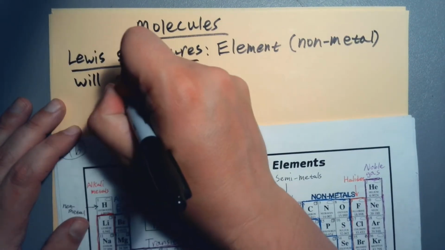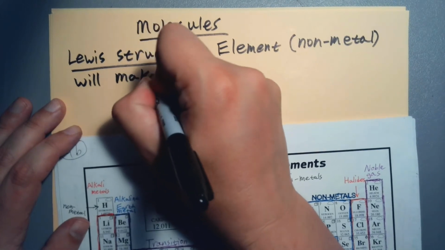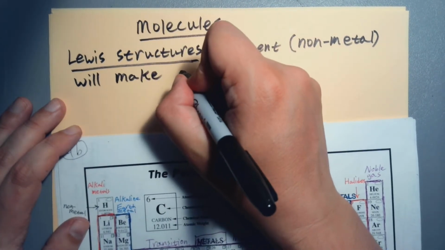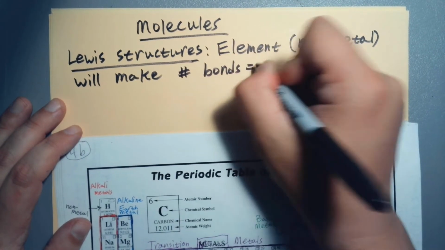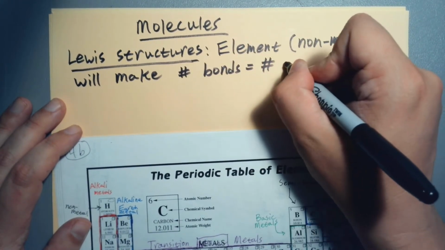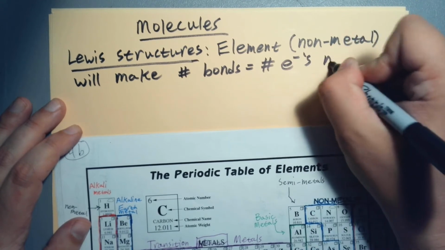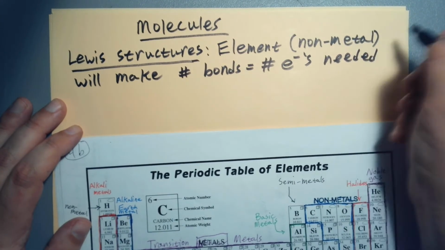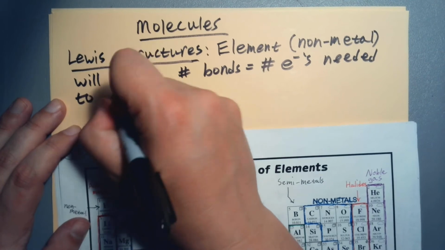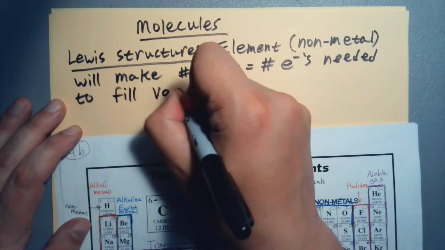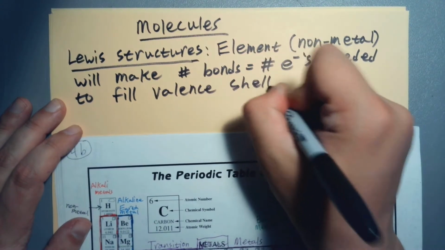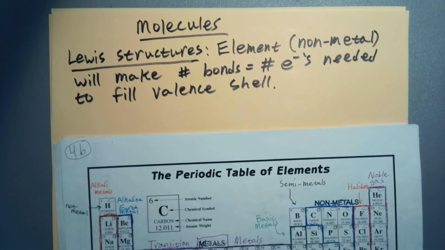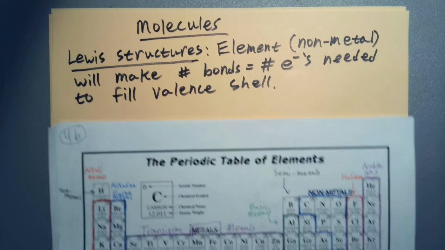It's going to make a number of bonds equal to the number of electrons needed to fill the valence shell. And so guess what we use to help us out with this? You don't have to memorize what every element needs to fill its valence shell. How many electrons does it need? You just look at your periodic table.